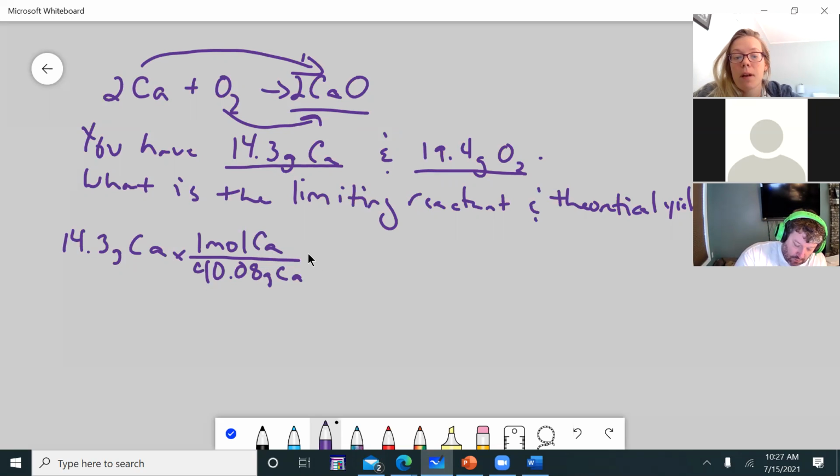Now from there, I want to go from this into the product. So 2 moles of calcium will produce 2 moles of the calcium oxide.